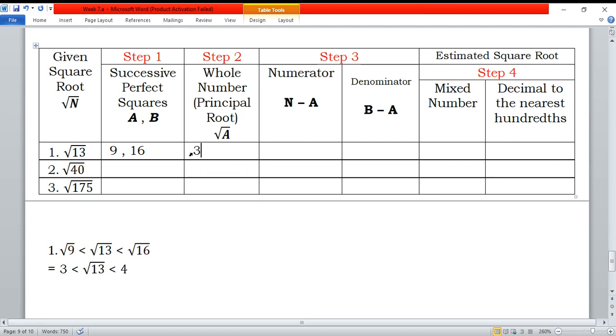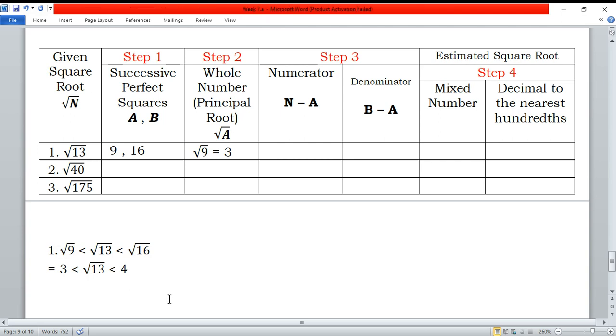So, lagyan nga natin dito. Square root of 9 equals 3. Okay. Kasi yung A ay yung nasa kaliwa. Diba? So, this time, N minus A. Ano yung N natin dito?